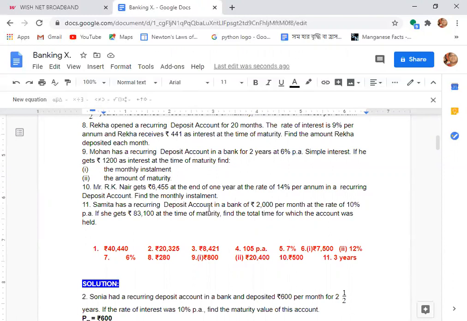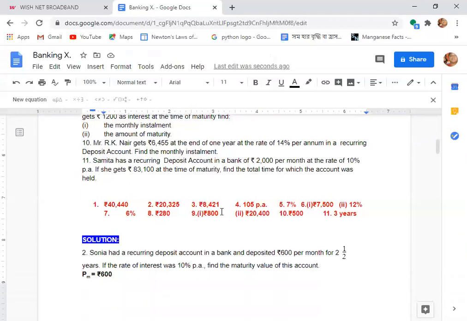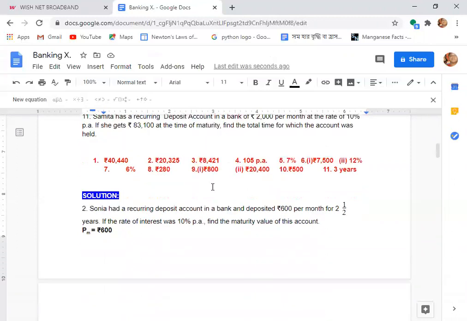The answer is given here in red ink, and if you don't get the answer, then see the video. Try to follow each and every sum, pause it and try to solve it your own way. If you don't get it, then only see the video. That will be for your own benefit, and it will build your own conception.